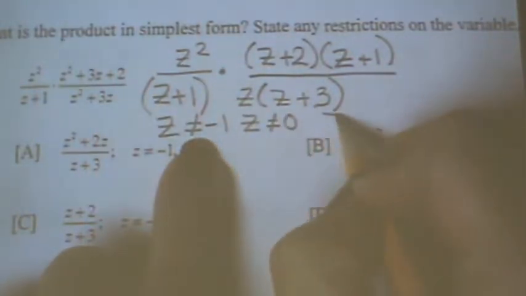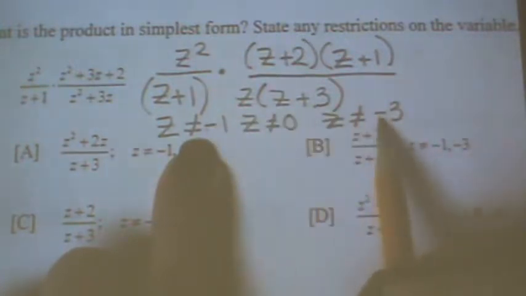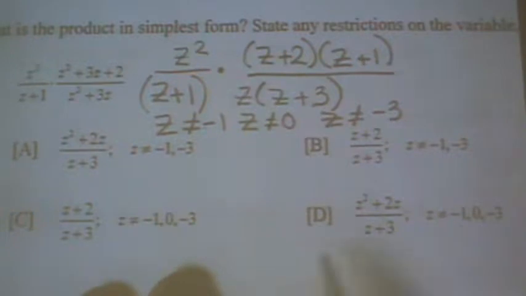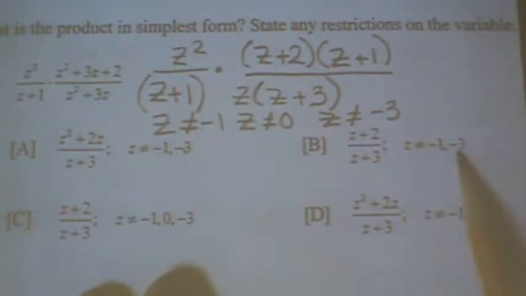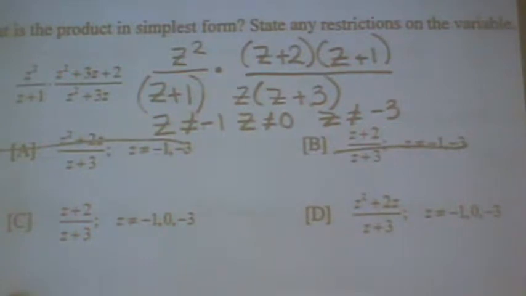And z cannot be negative 3. So we have 3 restrictions. So I already know that this can't be an answer, and this can't be an answer. So it's got to be between this one and this one. So I can cross these 2 answers out.